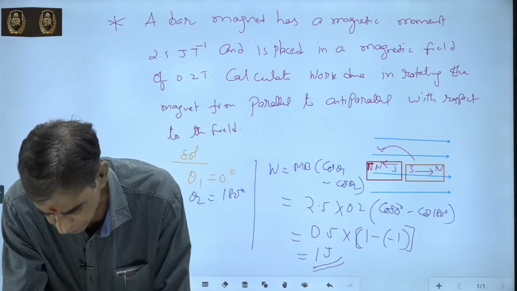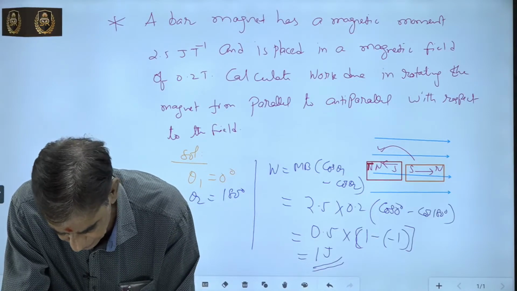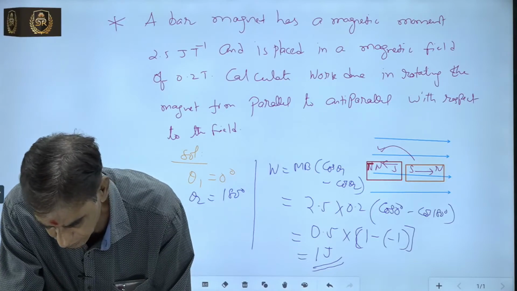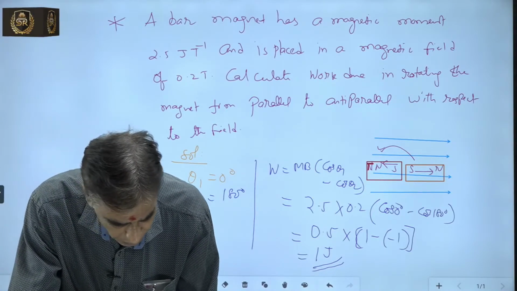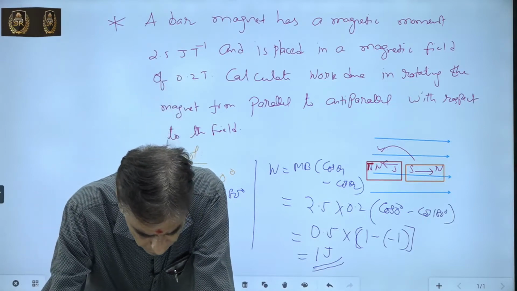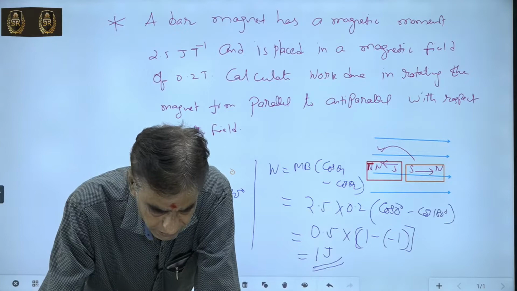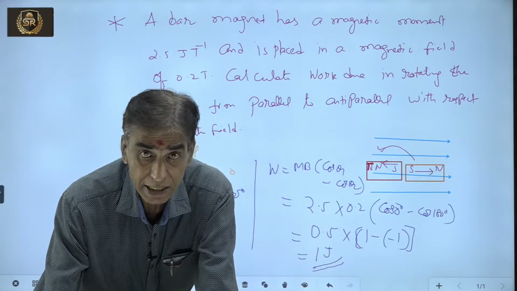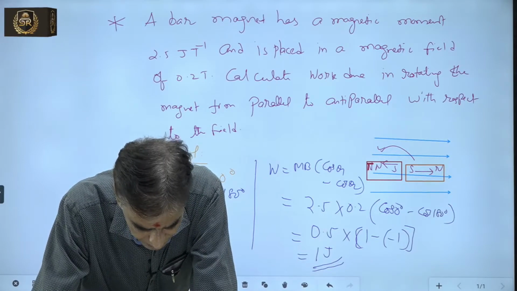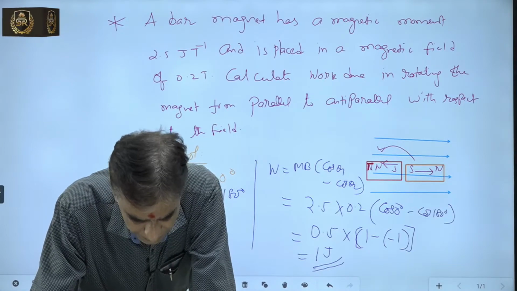Next one. This was based on work done. Now we are going to the other side, our vibration magnetometer. Yesterday we did one problem on vibration magnetometer, now we will do a few more. A bar magnet makes 40 oscillations per minute in a vibration magnetometer. An identical magnet is demagnetized completely and placed over the magnet in the magnetometer.